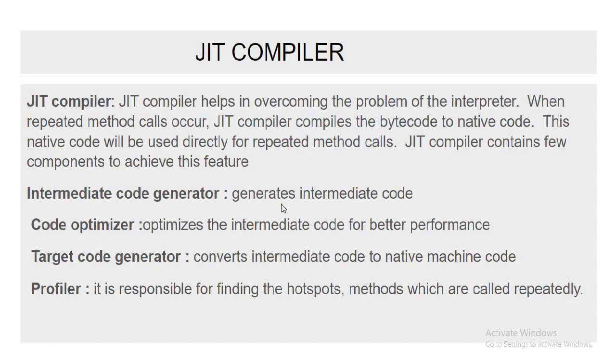The intermediate code generator generates the intermediate code, the code optimizer optimizes it for better performance, and the target code generator converts the optimized intermediate code to native machine code. The profiler is one of the important components in the JIT compiler, because it is responsible for finding hotspots, meaning the methods which are called repeatedly.